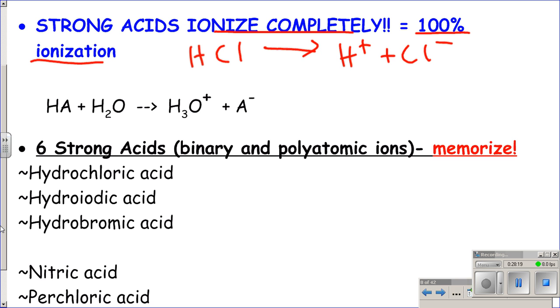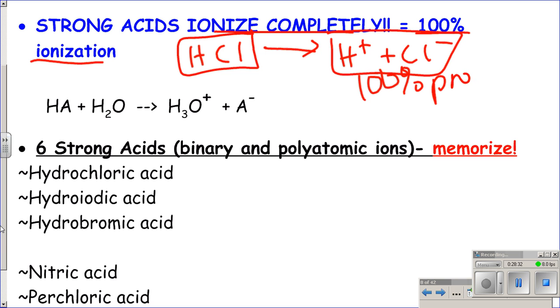And when it ionizes 100%, 100% of this goes away to become this. So there's 100% products formed. How many reactants are left? None. 0% of this is left. So does HCl itself truly exist?